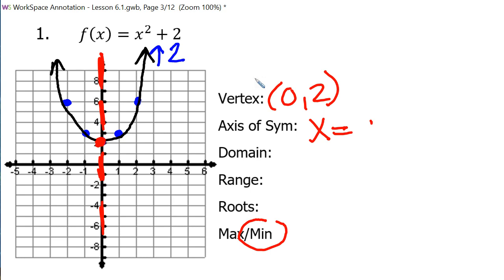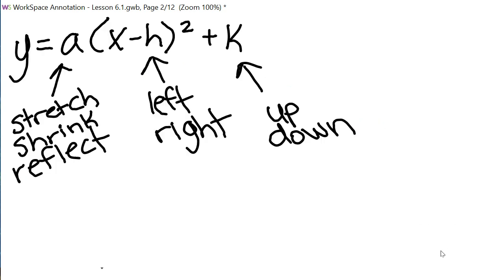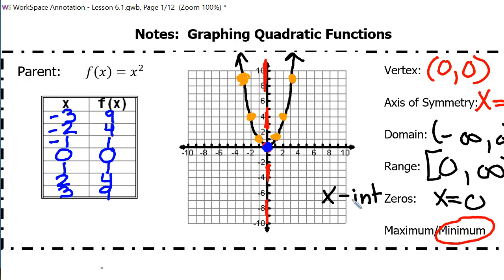Now, let me go back over here. I did not mention this, but the domain for every single parabola is always negative infinity to positive infinity, whether it points up or it points down.